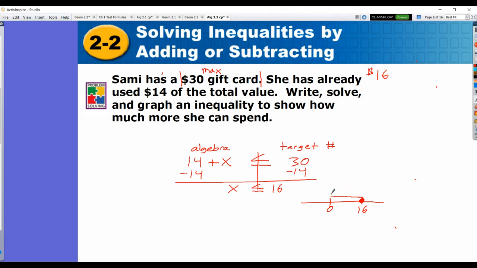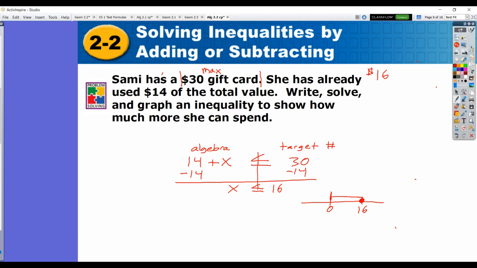So we'll put a stop right there. She can spend anywhere from 0 to $16 and still not be over 30 for her gift card. So that's what we're saying: Sammy could spend 0 to $16 left on her remaining gift card.